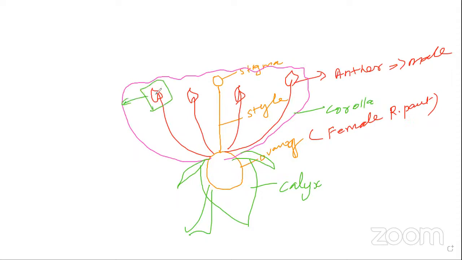The anther contains pollen grains, isn't it, my dear? When the anther undergoes the dehiscence process, it releases a lot of pollen grains. When they reach the stigma, automatically the pollination process occurs.